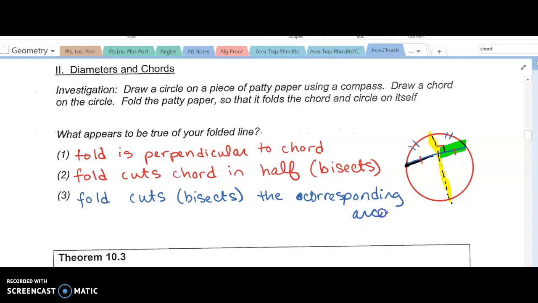And there's still one more thing that is really neat about this fold and about where it's located. This yellow fold that goes all the way through the circle doesn't go just anywhere through the circle, it has to go through the middle. The fold is the diameter of the circle. So there were really, I guess, 4 things we could have observed about that fold.